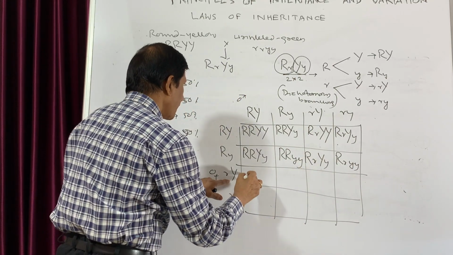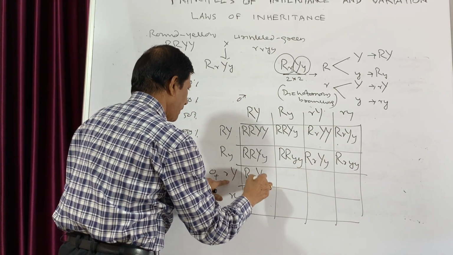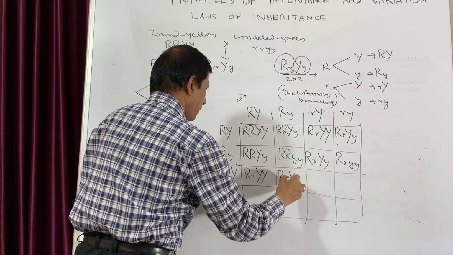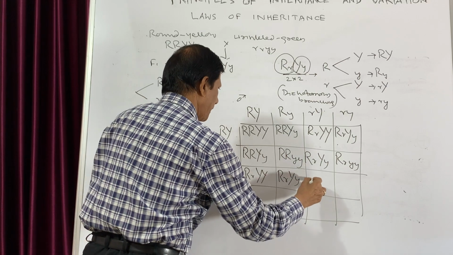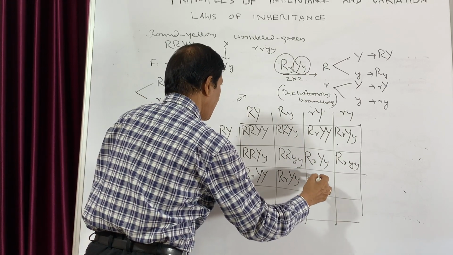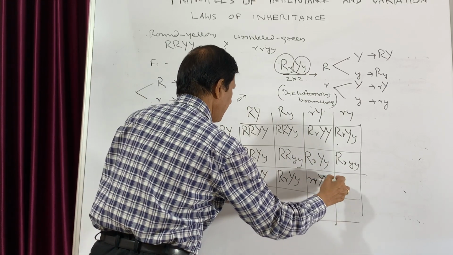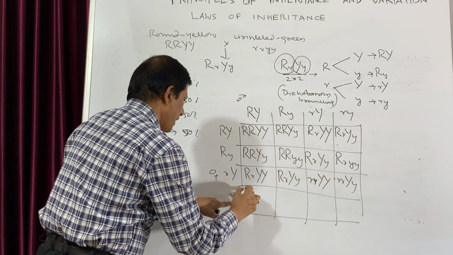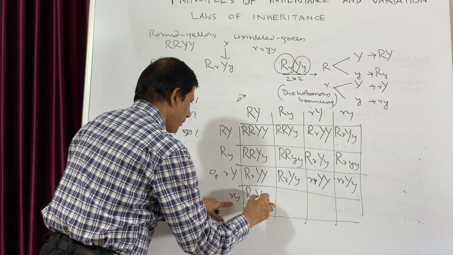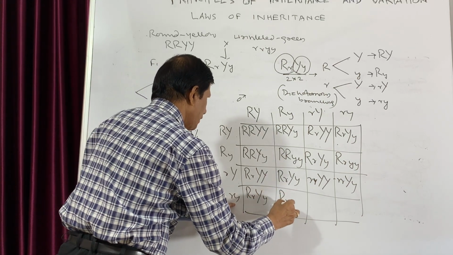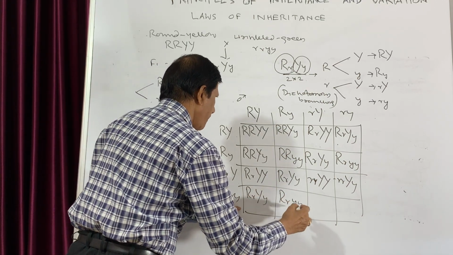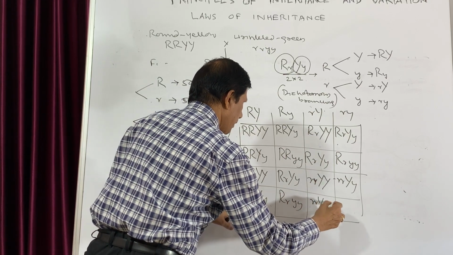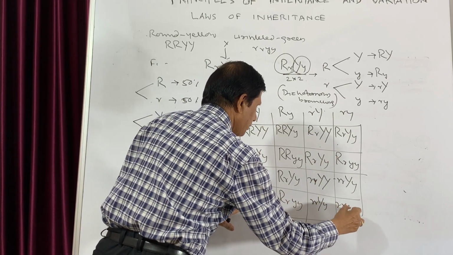Here capital R, capital Y, capital Y, capital R, capital Y, small y, capital R, small r, capital Y, small r, capital Y, small y. Here capital R, capital Y, small y, capital R, small y, small y, and small r, capital Y, small y, and small r, small y, small y.